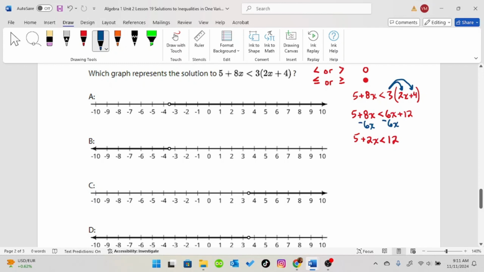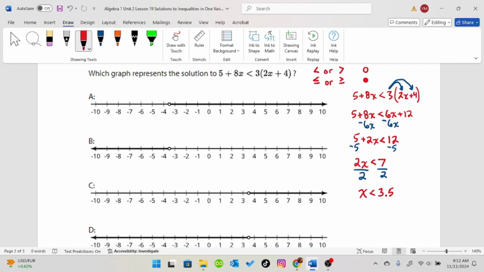The opposite of a positive 5 is negative 5, so we're going to subtract 5 from both sides. 12 minus 5 is 7. The opposite of multiplying by 2 is dividing by 2, so we do it to both sides to keep it equal, and that lets us know that x must be smaller than 7 halves, which is 3.5.